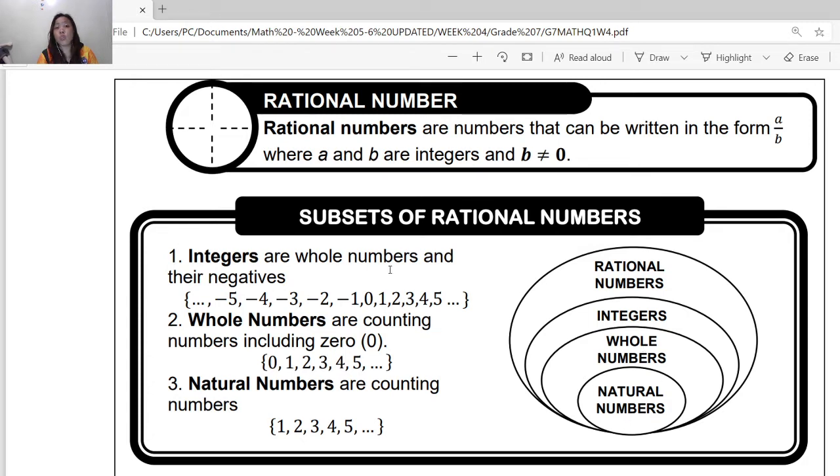Integers are whole numbers and their negatives. So, as you can see here, it is the set containing the whole numbers from 0 and the negatives. So, all of these are called rational numbers.